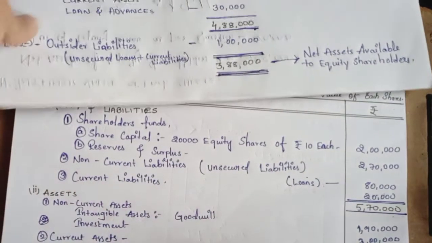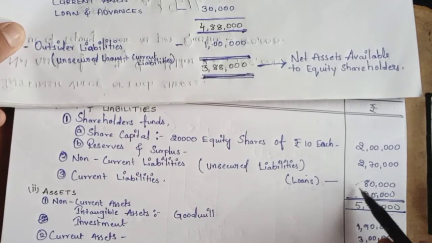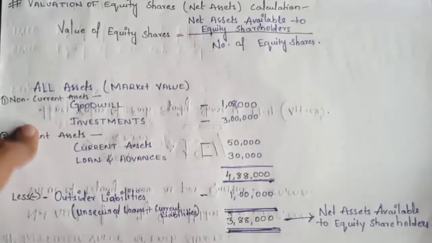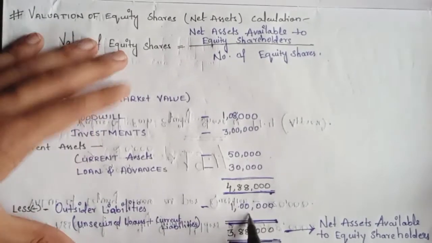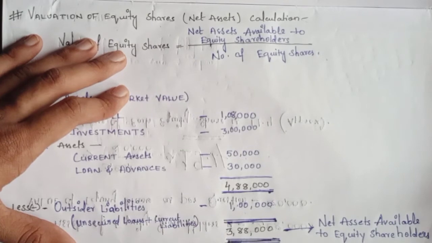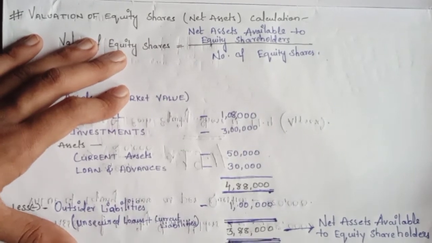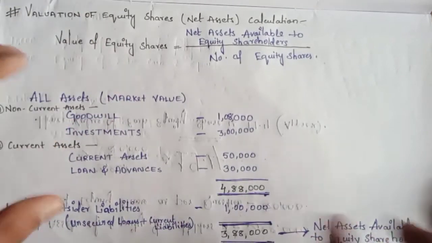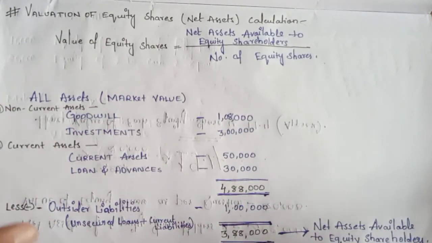Non-current liabilities is 80,000 and current liabilities is 20,000, so the total is 1 lakh. So 4,88,000 minus 1 lakh is 3,88,000, the net assets available for the equity shareholders.